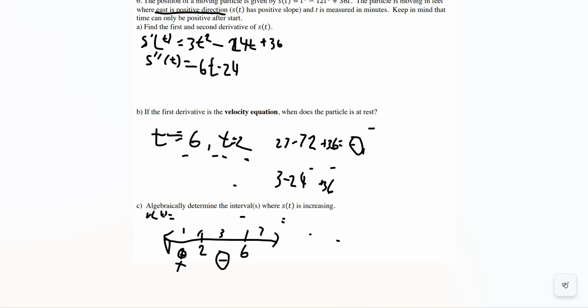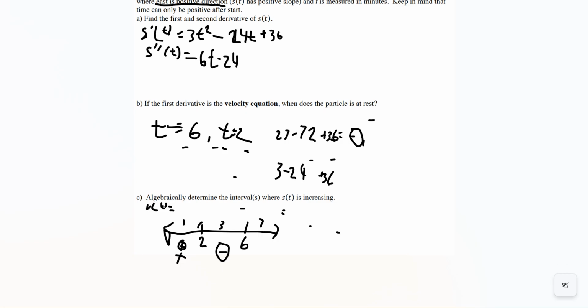And then at 7, we can tell that 7 is a high number, so it's going to be very high. It's going to be 3 times 49 minus 24 times 7. That's a big difference, so we're going to put a positive here. So now we know when it's increasing. When it's increasing, we have an interval of 0 to 2, union, 6 to infinity.